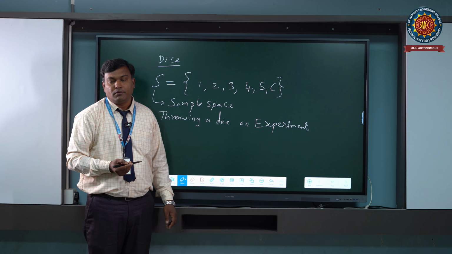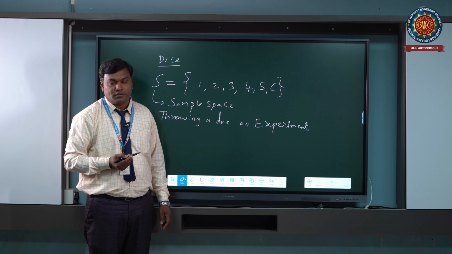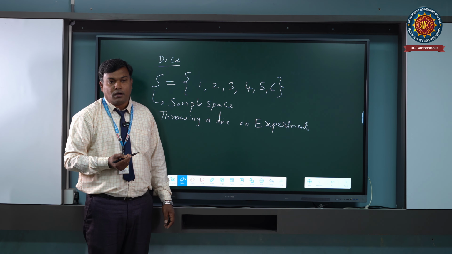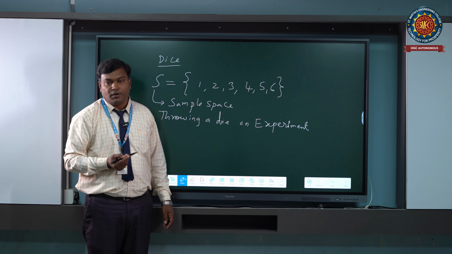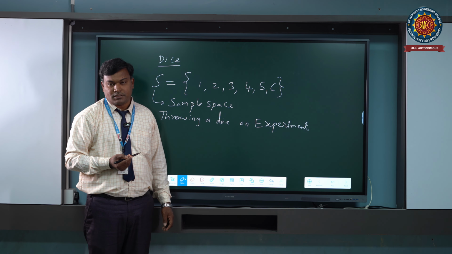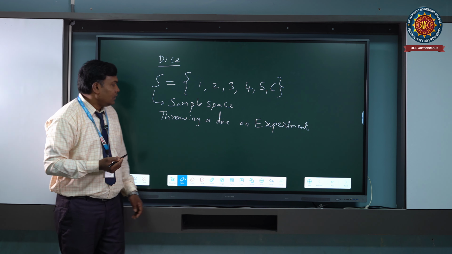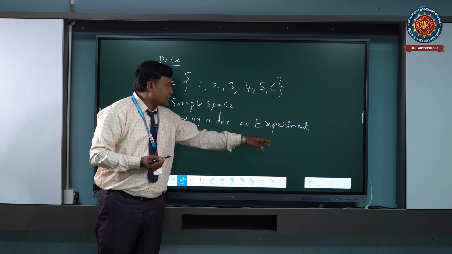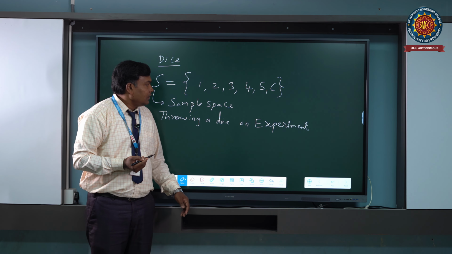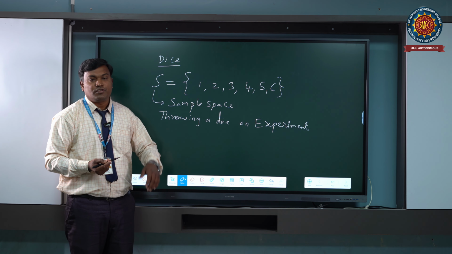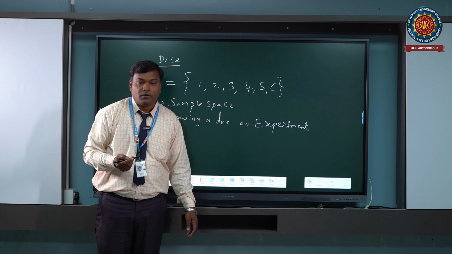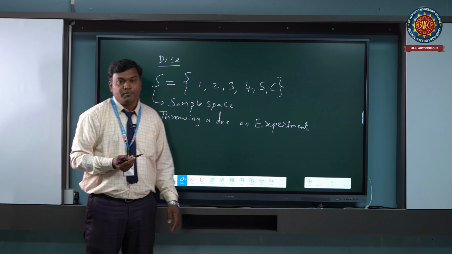In our daily life, we use this probability concept. For example, today a cricket match is going on, so everyone will predict winning chances. Probability means chance. Probability means uncertainty, random in nature. Experiment means some work is going on, and that is called an experiment.